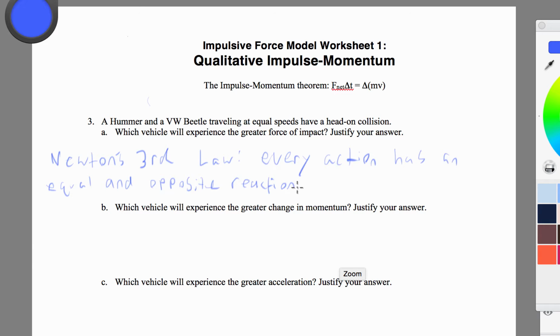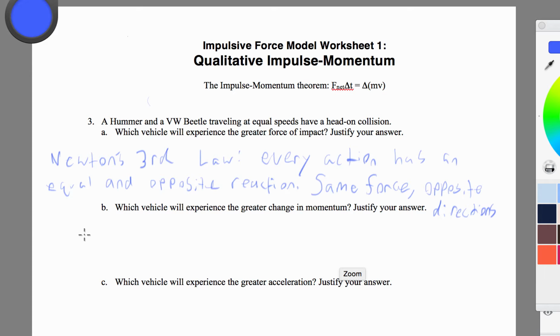So, same force, just opposite directions, due to Newton's third law. Okay, which will experience the greater change in momentum?